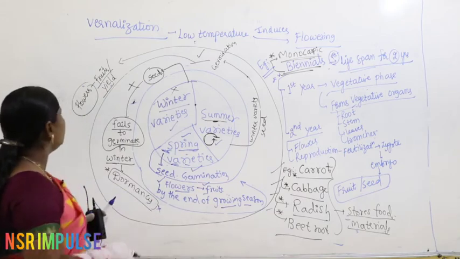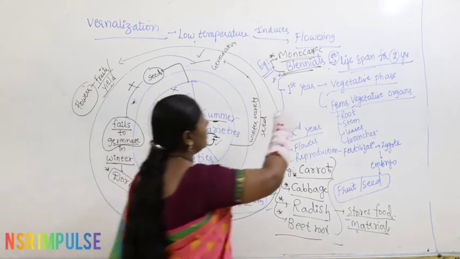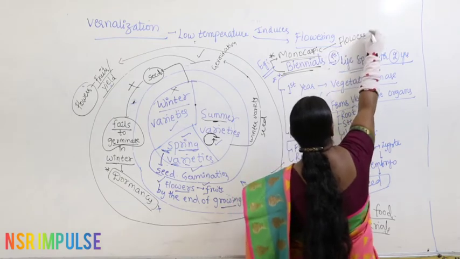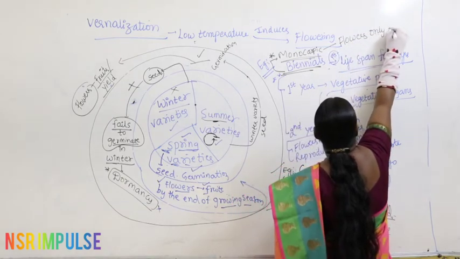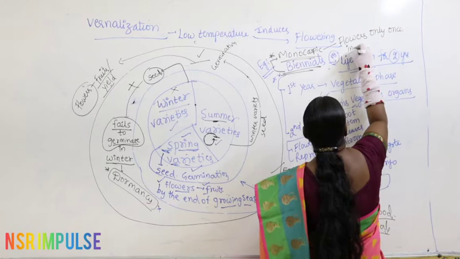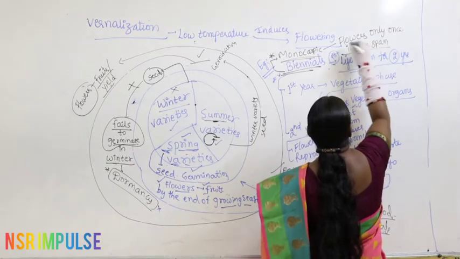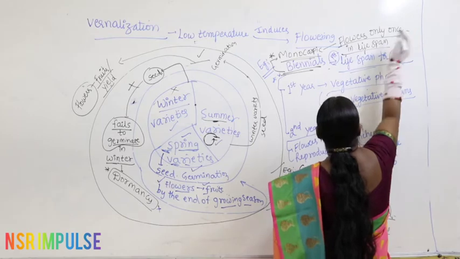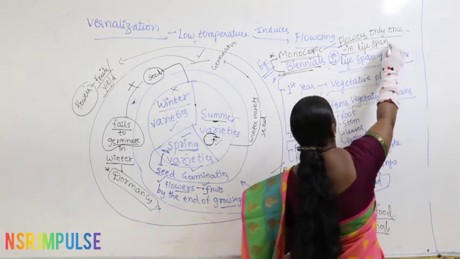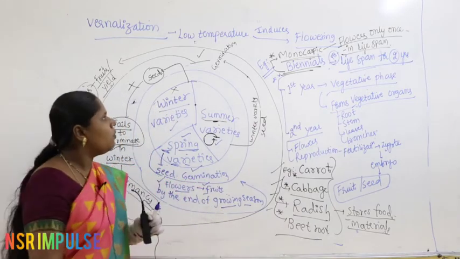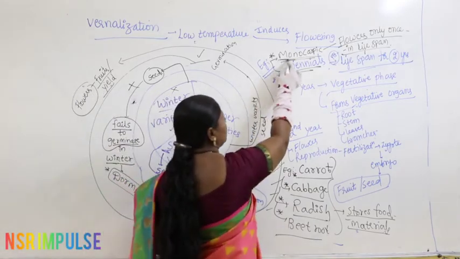Let me write it here. They flower only once in their lifespan. Then they are called monocarpic. Mono means only once.